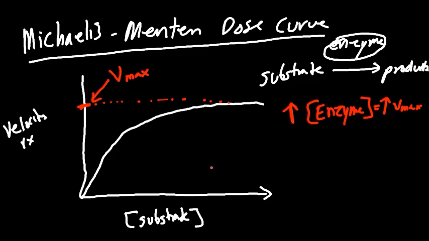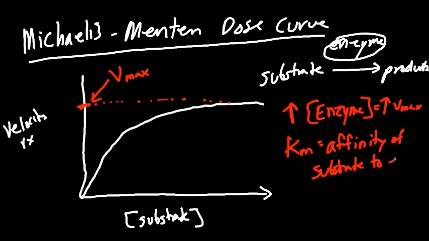All right, what else do we have? Well, we've got something called the Km. The Km. And what this simply is, it's going to be the affinity of the substrate to the enzyme. Now that's important. Affinity of substrate to enzyme. This is one of the harder concepts. The Vmax was pretty straightforward. Enzymes can only work at a certain rate.